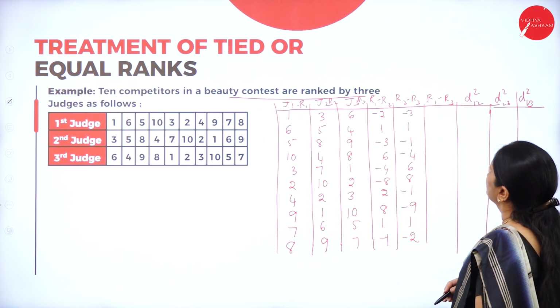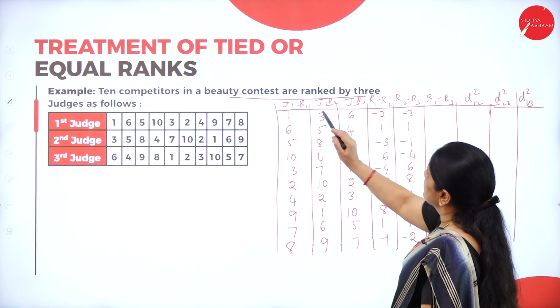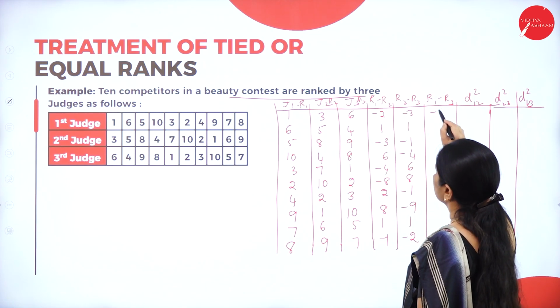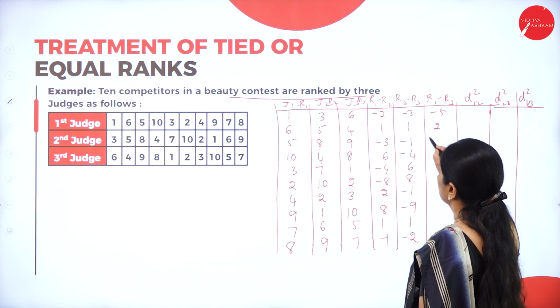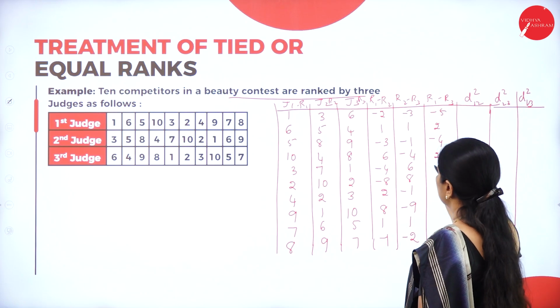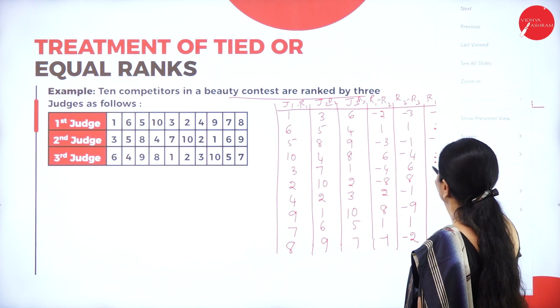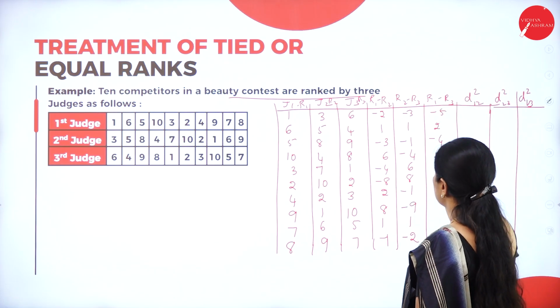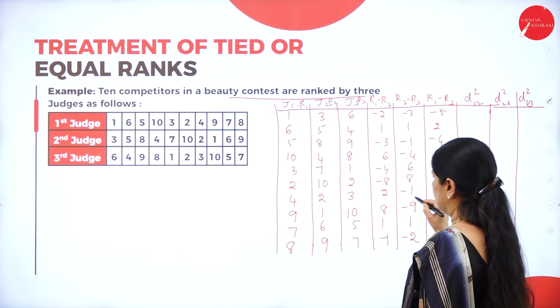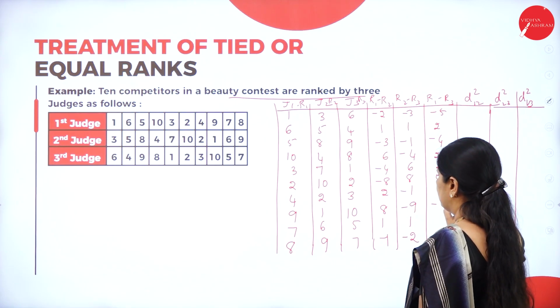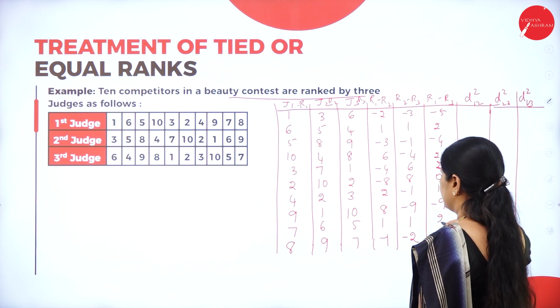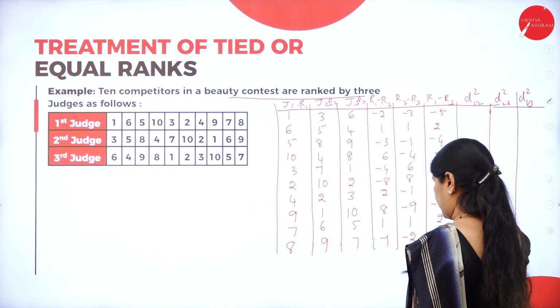Again R1 minus R3. So 1 minus 6, minus 5, 2, minus 4, 2, 2, 0, 1, minus 9, 2, 1.